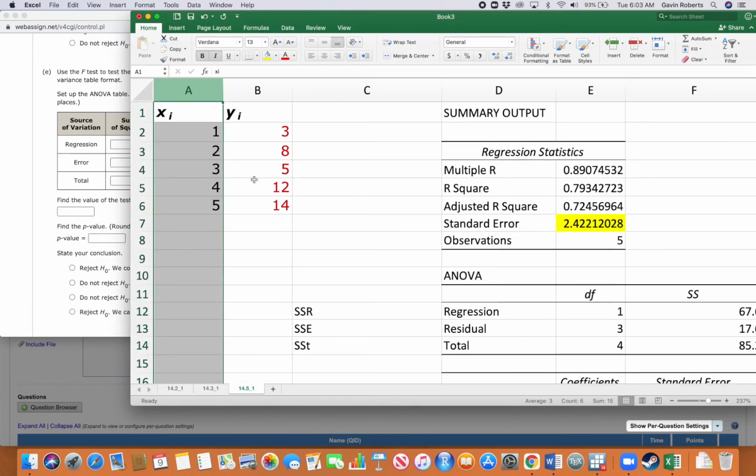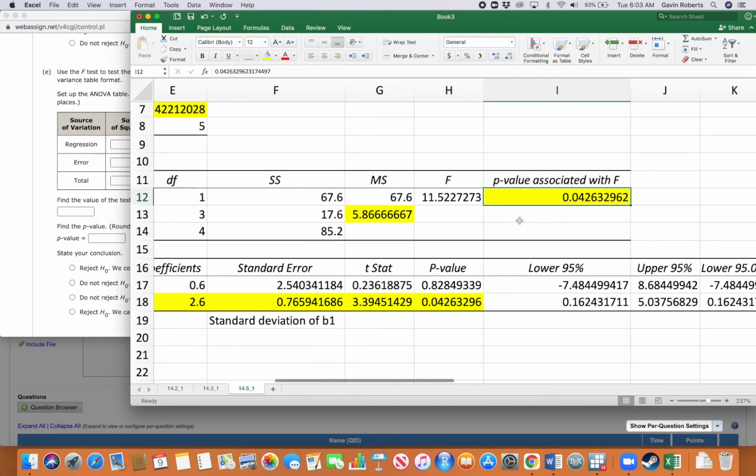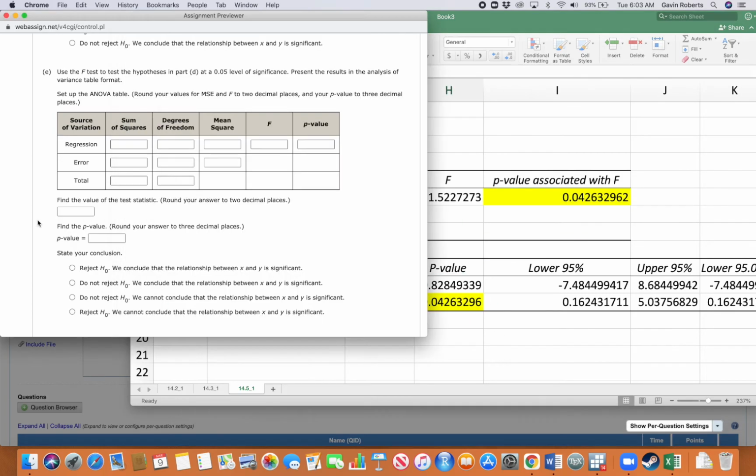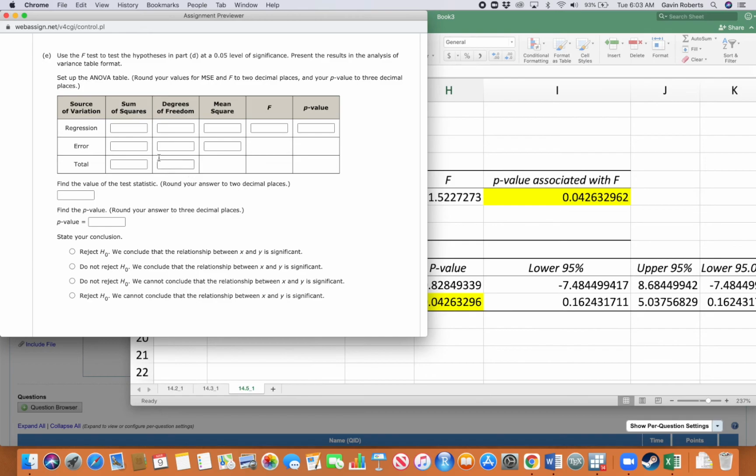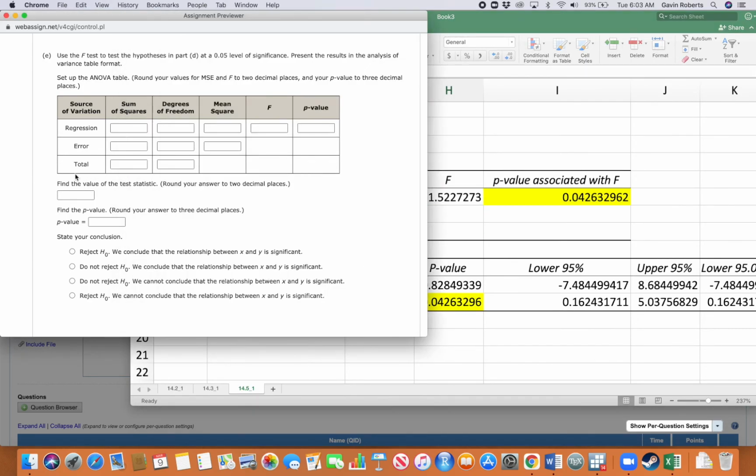So asking if our entire regression has statistical meaning is the same thing as asking if this one independent variable has statistical meaning in this case. And that's why we get exactly the same p-value. When we start adding additional independent variables in chapter 15, that's when we'll start to see our F statistic deviate from our p-value. So the value of the test statistic, that's going to be this F value right here.